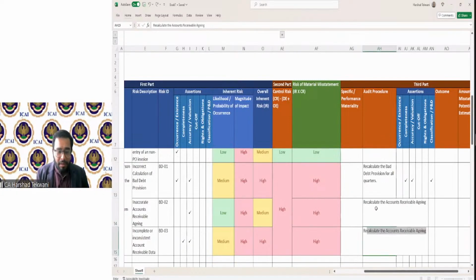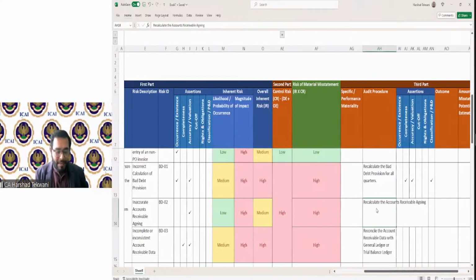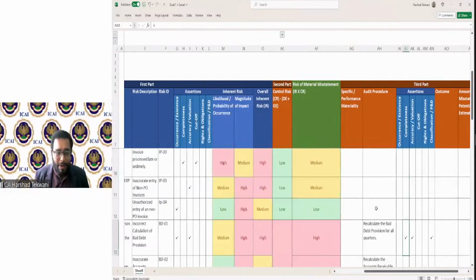I may reconcile the accounts receivable data with the general ledger or trial balance, so that I can get comfort that this is complete data. And if I recalculate the accounts receivable aging, I'll get comfort over accuracy. If I perform a reconciliation, I will get comfort on completeness. So I may do this.